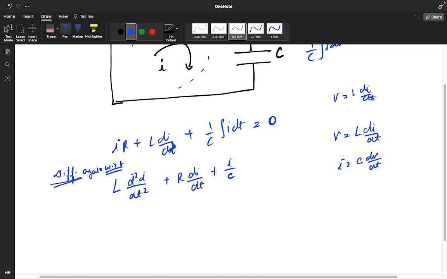So L di by dt becomes L d square I by dt square, IR becomes R di by dt, and the integration of I dt, when differentiated, gives I by C. Is this clear? It is equal to 0, and the differentiation of 0 is 0.